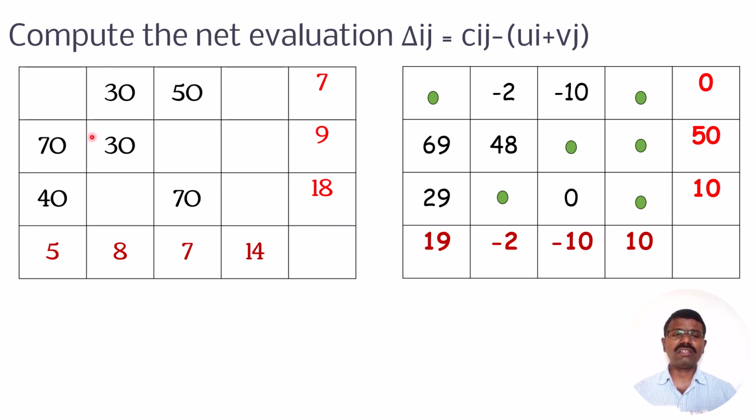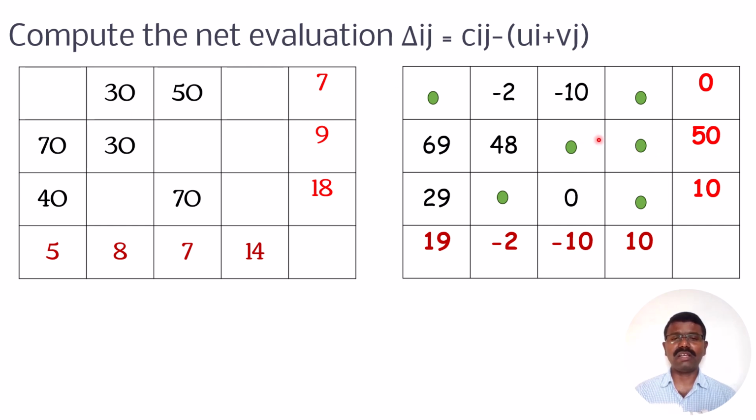In this cost matrix, wherever there are allocated cells, we are not taking those. We are only considering the unallocated cells. In the unallocated cells, Cij values are given according to the problem like this, and these are the ui plus vj values. Now I can easily calculate delta ij by Cij minus ui plus vj. These are the Cij values and these are the ui plus vj values.